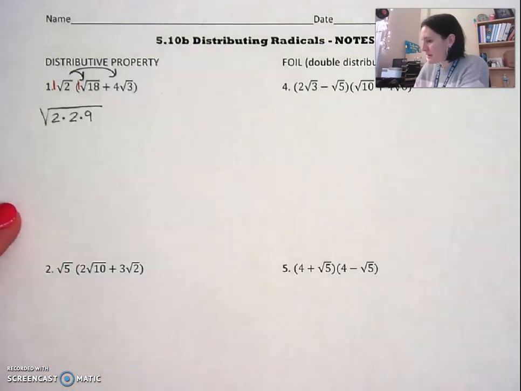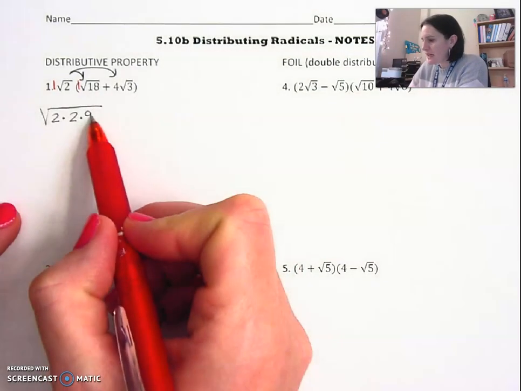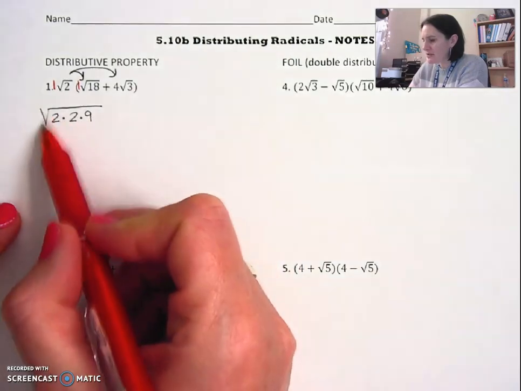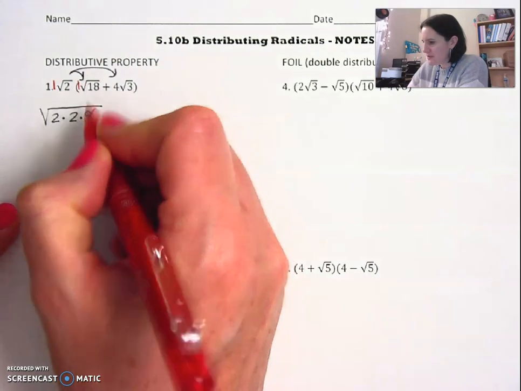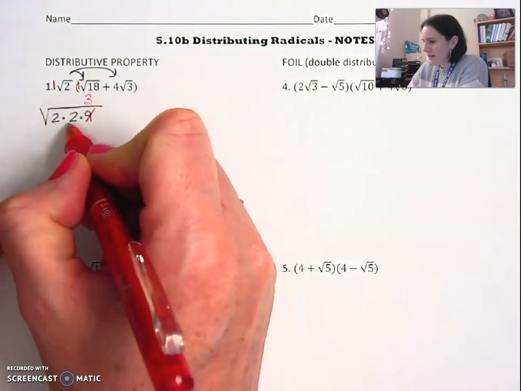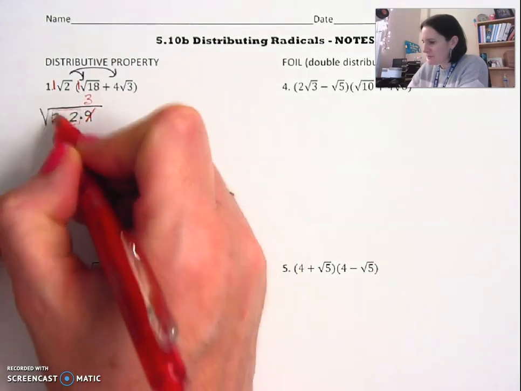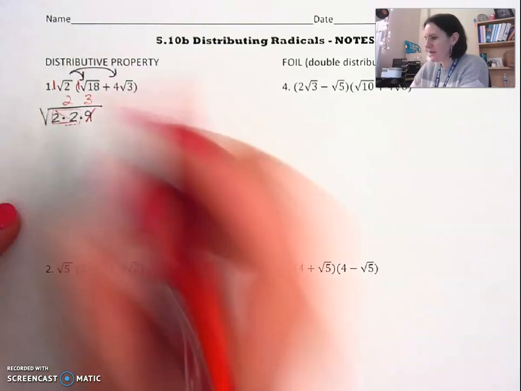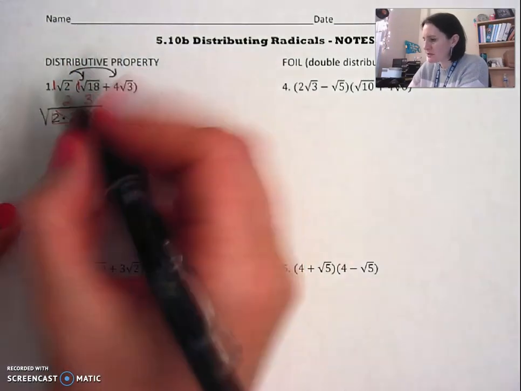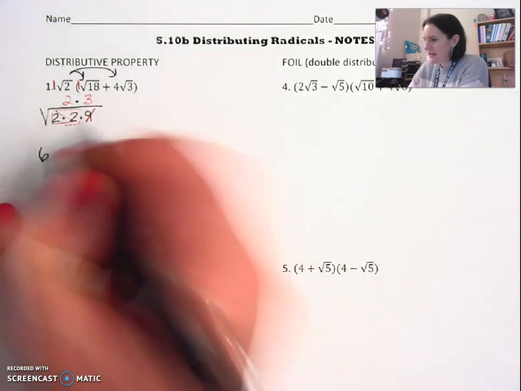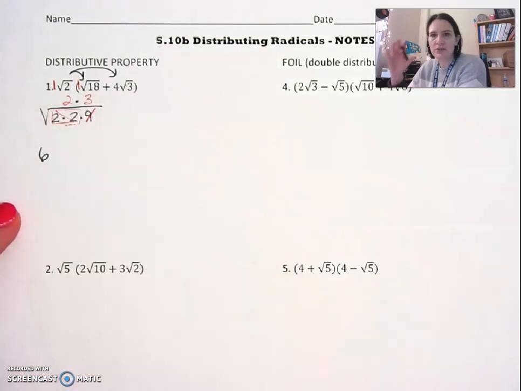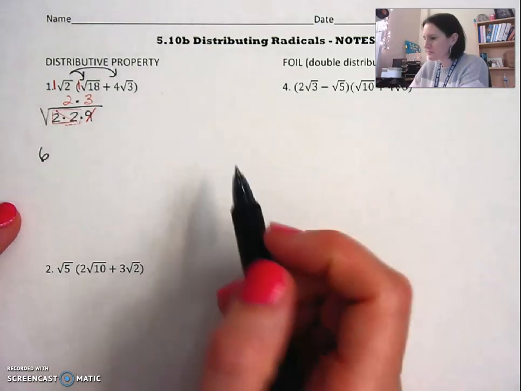But here's why I'm going to stop right here. Because 9 is a perfect square, and I'm taking the square root of it. So the square root of 9 is 3, and I have a pair of 2's here, and I pull out 1, 2 for that. And then whatever you're pulling out, you multiply back together. So 2 times 3 is 6. And there's nothing left inside the radical, so the radical is just gone.